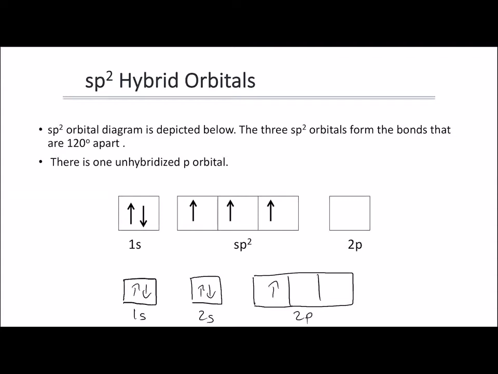So with my original diagram, or our unhybridized diagram is a better way to say it, I have our 1s, our 2s, and then a 2p.